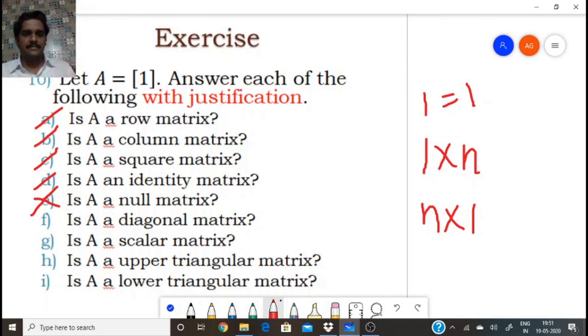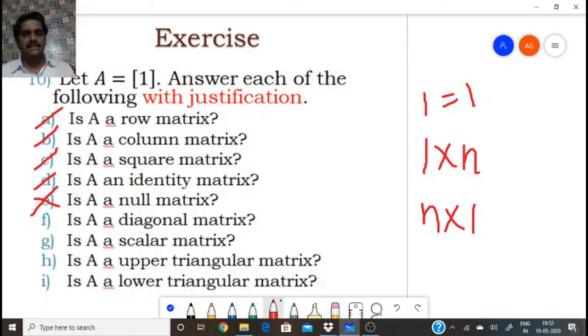Next question. Is A a diagonal matrix? What is a diagonal matrix? A square matrix in which non-diagonal entries are 0. What about diagonal entries? Diagonal entries can be anything.